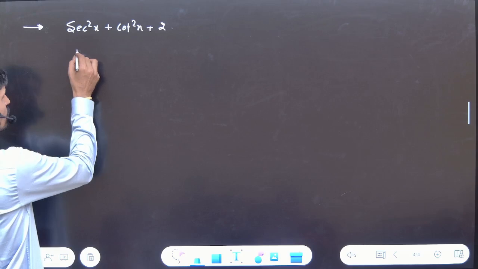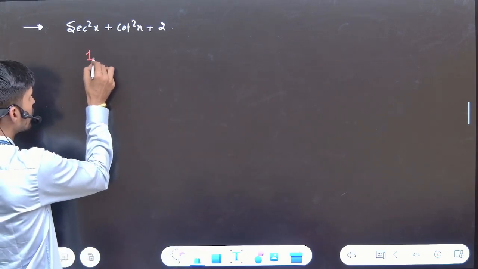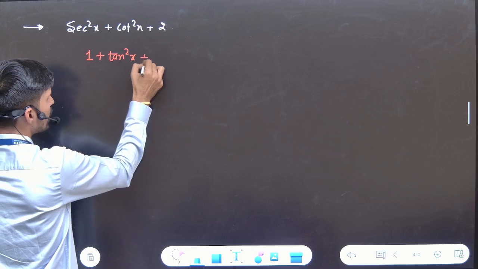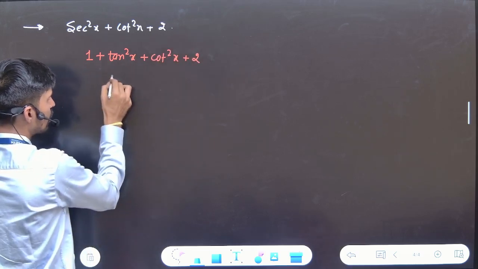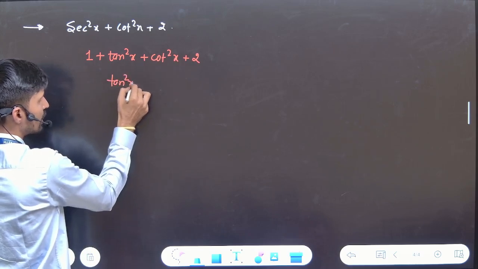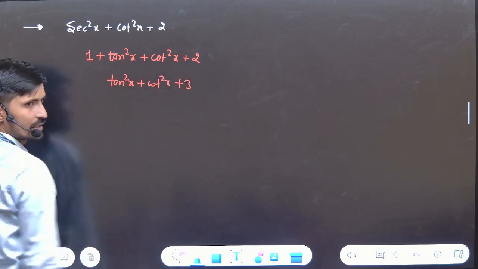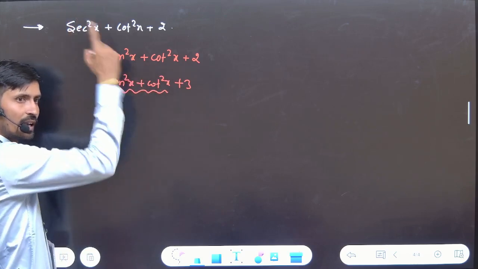Understood? So what I will write, sec square x plus cot square x plus 2 becomes 1 plus tan square x plus cot square x plus 2. Now this will become tan square x plus cot square x plus 3. Now we'll apply AM greater than equals to GM on this, and in last, I will add 3.